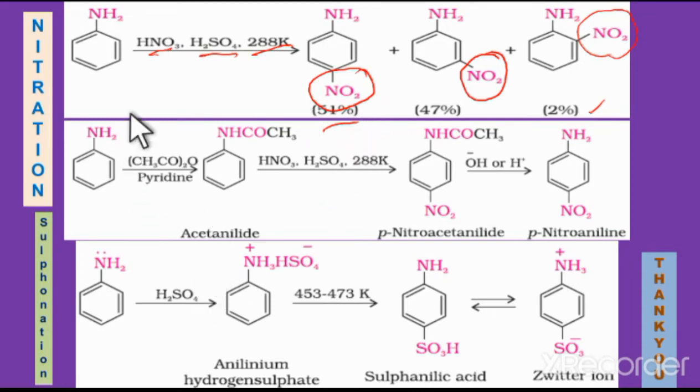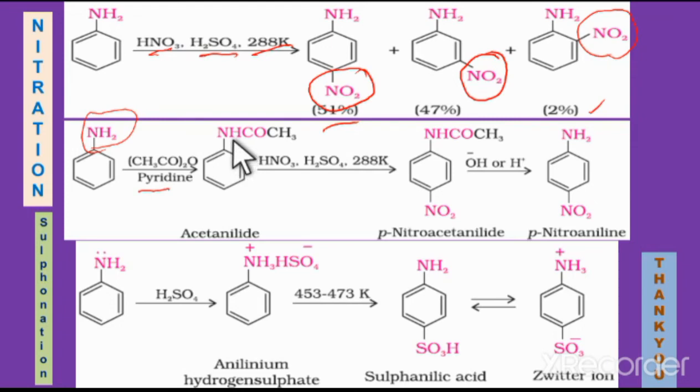If we protect this amine group, then we can get only the para product. Acetic anhydride treated with pyridine gives acetanilide initially.